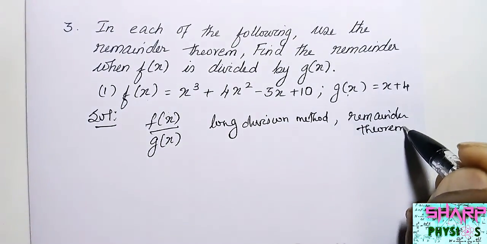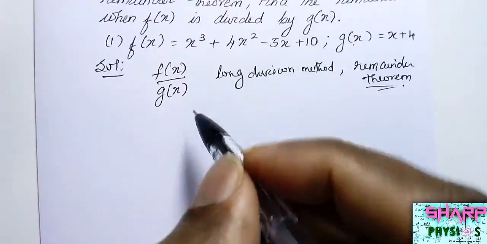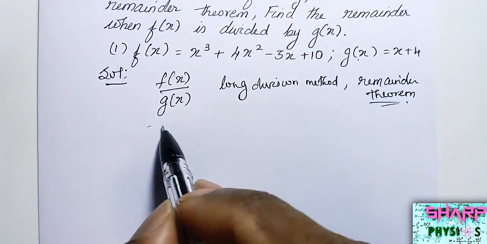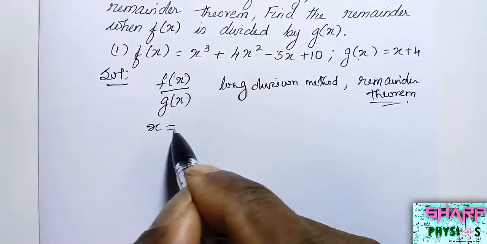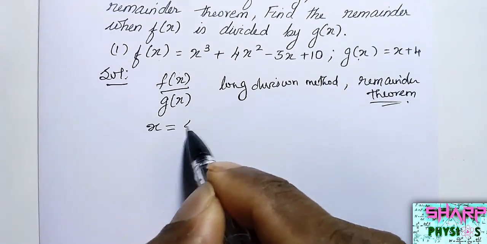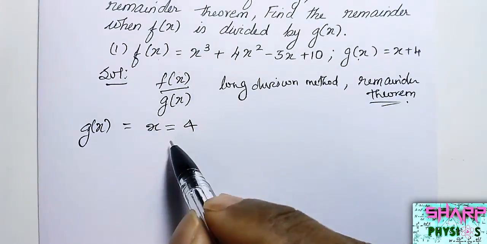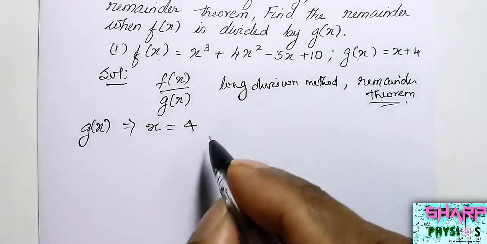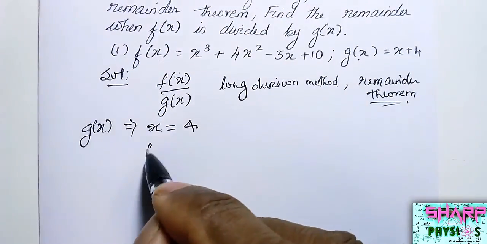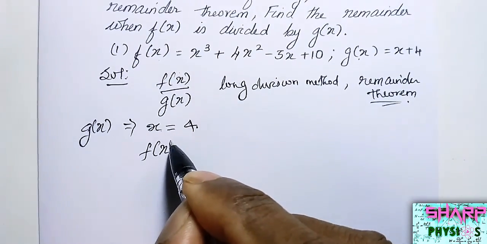So this could be quite easier. So g of x, we have the value x is equal to minus 4. This value 4 we will be substituting in the polynomial f of x.